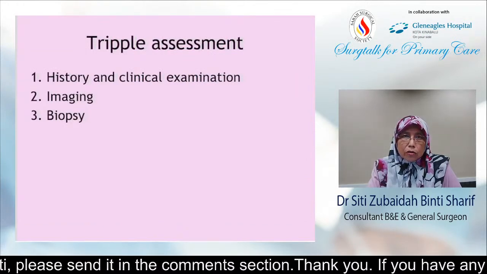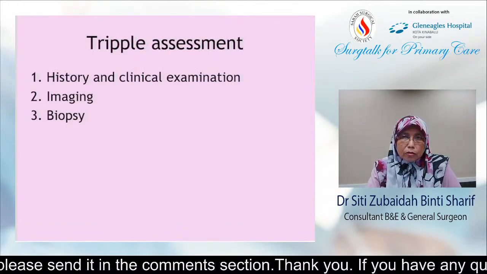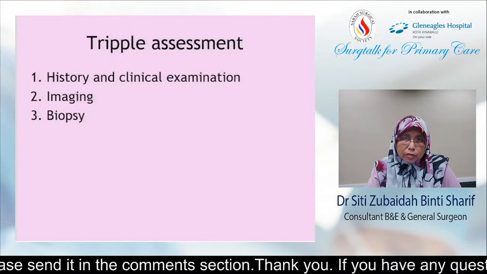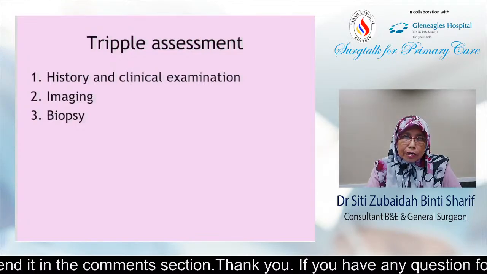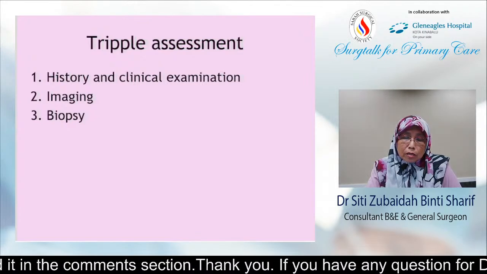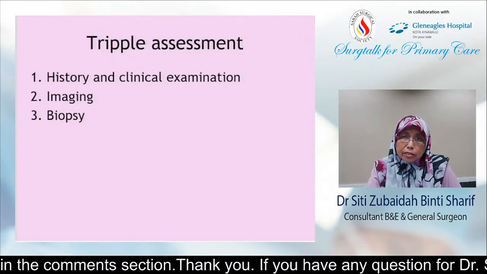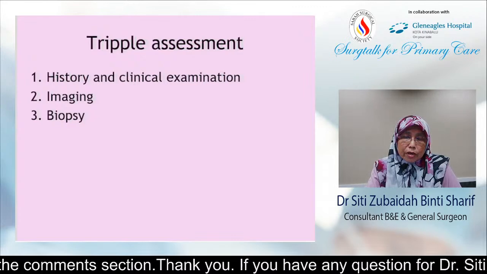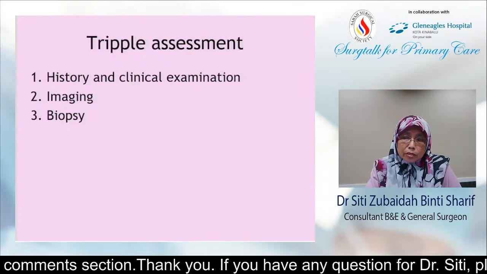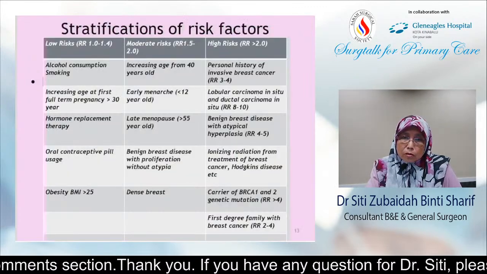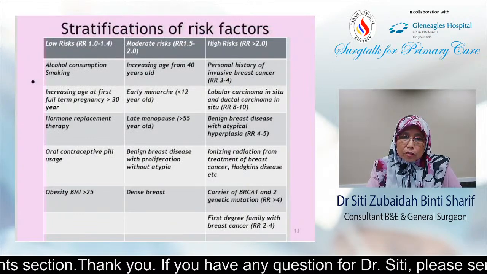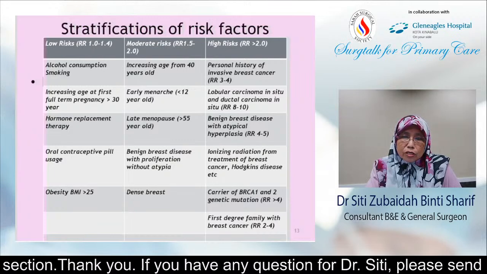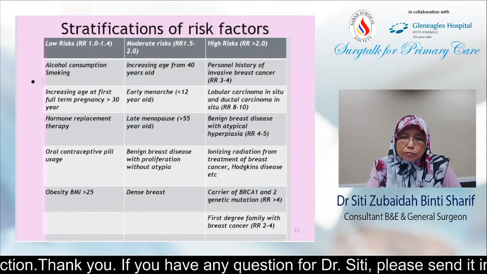So when you get a patient with a breast lump, we need to do a triple assessment. The first assessment is history and clinical examination. Second is imaging, either ultrasound or mammogram, and third is biopsy. In history taking, what is important is to identify which patients are in the high risk group.